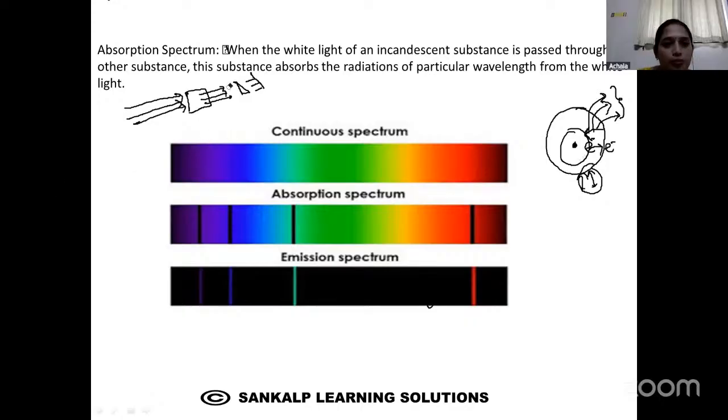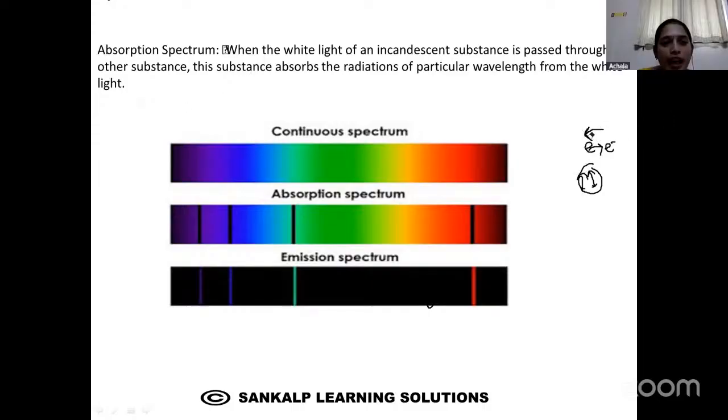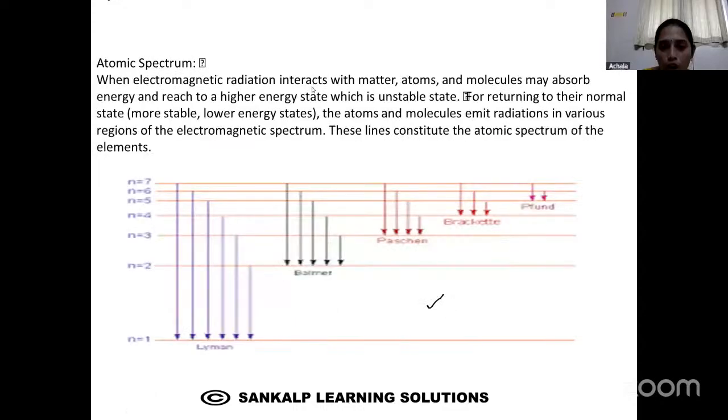So this emission and absorption spectrum, here emission spectrum is also called as line spectrum or atomic spectrum. When electromagnetic radiation interacts with matter, atoms and molecules may absorb energy and reach a higher energy state, which is unstable.